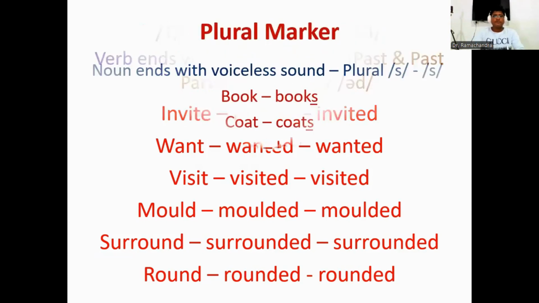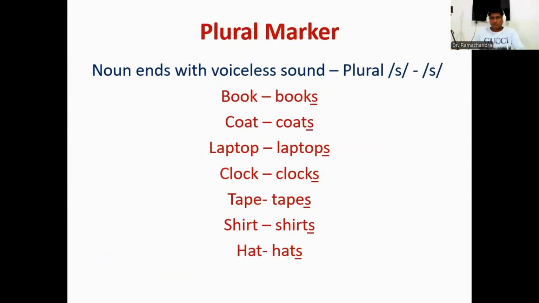The next one, plural marker. Again, you have to look at which is voiced sound and which is voiceless sound. If the past tense marker is for verbs, the plural marker is for nouns. Singular, plural. Book, k, voiceless. When it becomes plural, you add s.